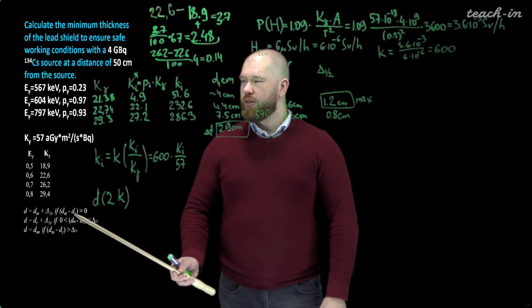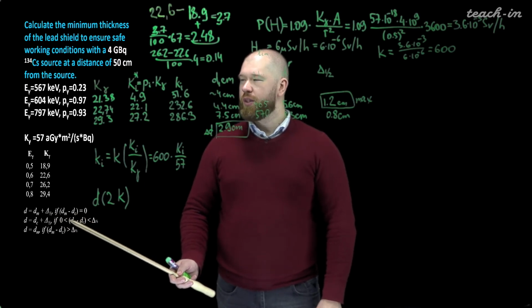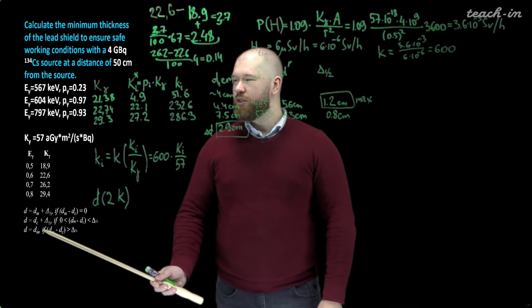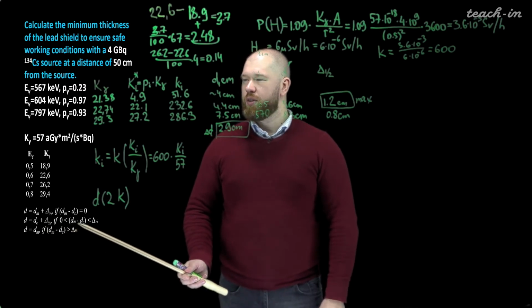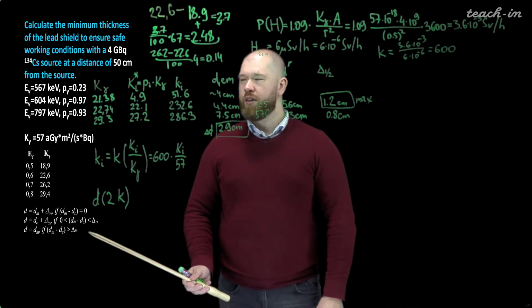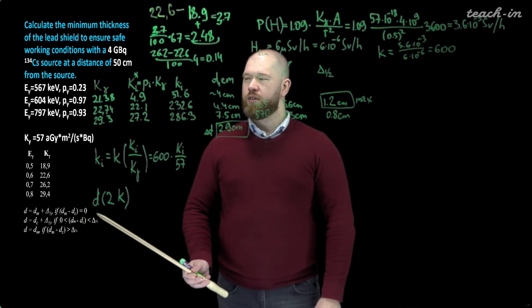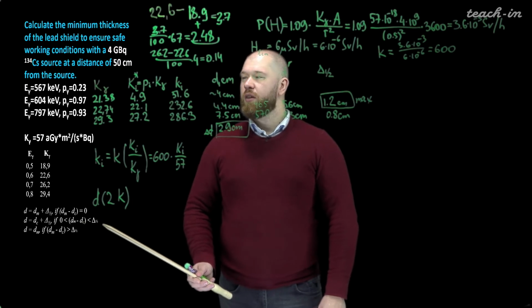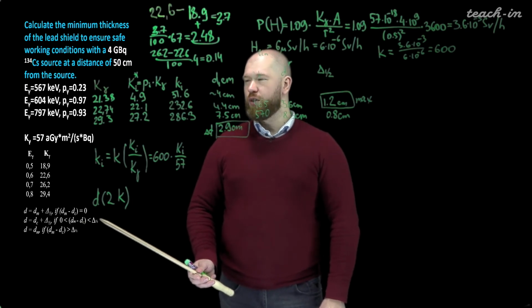This is not the case for our task. So the next condition, if the difference in D values for the main line and the competitive line is less than this half attenuation delta.